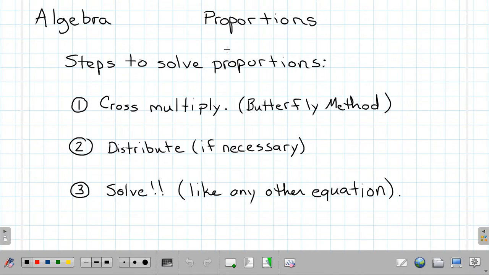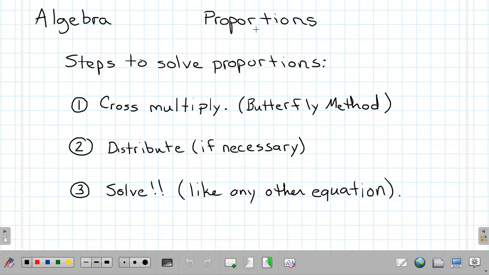but first, just to do some clerical work, let's go over the steps to solve proportions, okay? Once again, proportions are just equations, and they are equations that involve two ratios that are equal. So what we're going to be doing is solving proportions, which are just equations.